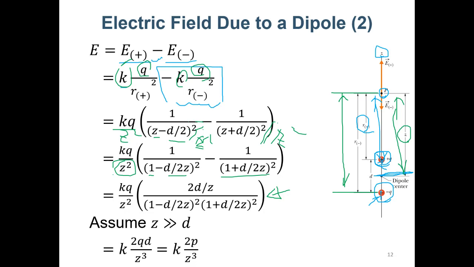Because this is 1 minus d over 2z squared, which is nothing but 1 minus d over z plus d squared over 4z squared. And similarly for this one, sorry, this is plus.